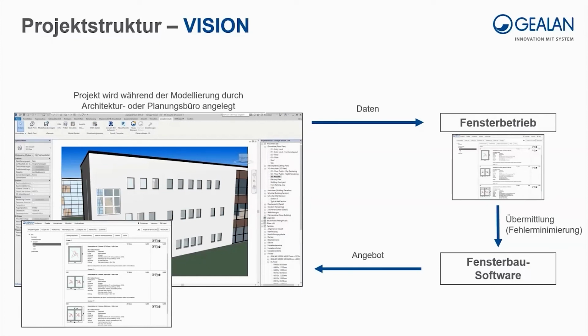There are some product producers which have realized something like this. They are not from the window producing sector, but they do exist. And we are working so that our customers can transfer the data from the Planning Software 2.0 to their planners and architects to facilitate the preparation of an offer or quotation.